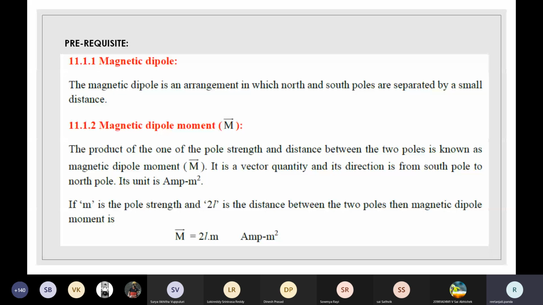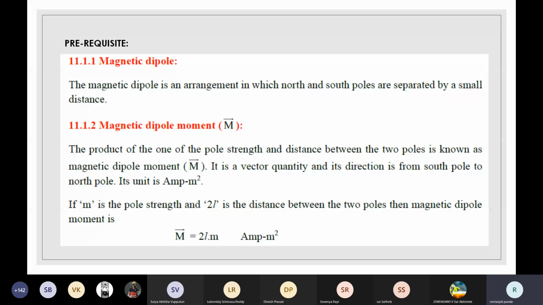In that, the electrons are arranged around the positive charge nucleus, in specific orbits, and they are revolving around the positive nucleus as well as spinning around their own axis. When they are spinning around their own axis and revolving around the nucleus, at that time they are creating this magnetic dipole moment.